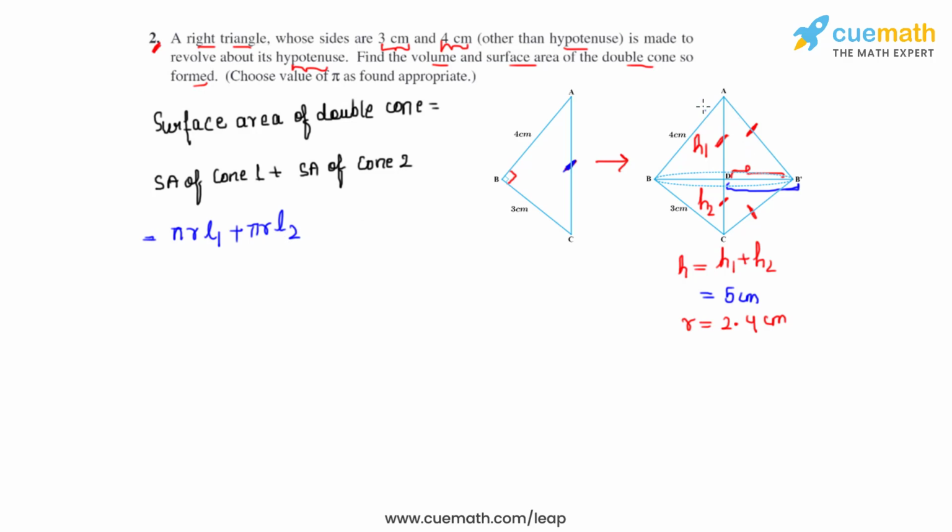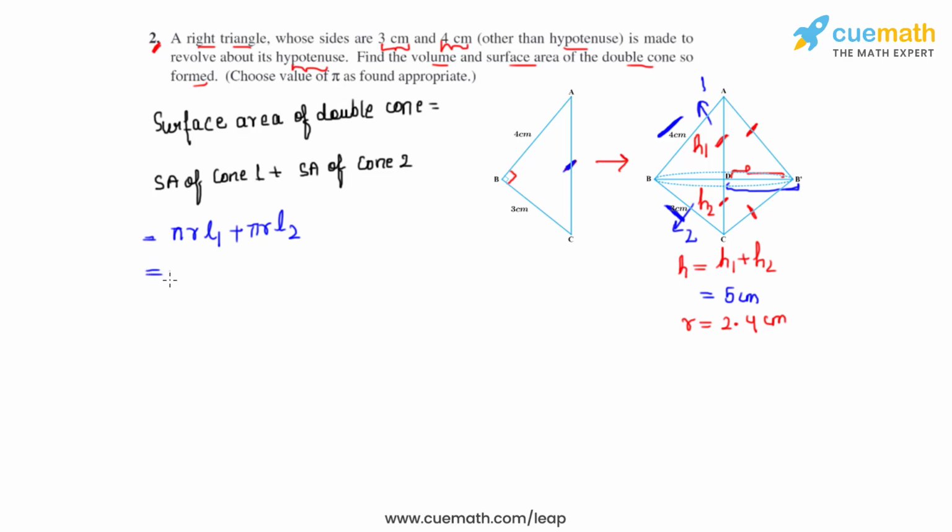So this is cone 1, this is cone 2. As we can see, this part forms the slant height of cone 1 and this part forms the slant height of cone 2. That is 4 centimeters and 3 centimeters respectively.